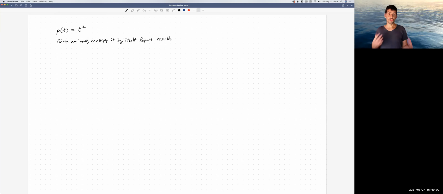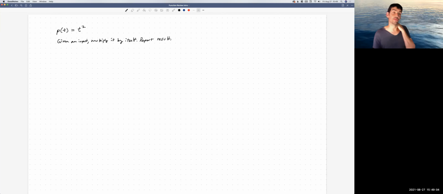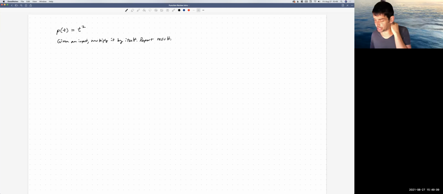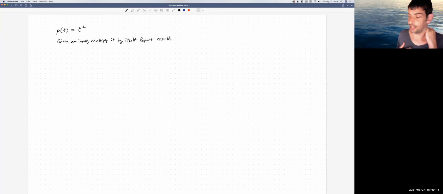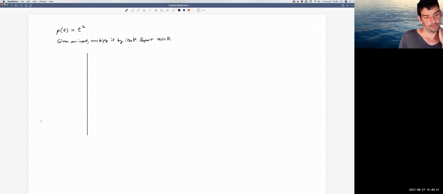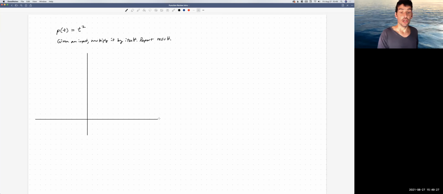Okay, so presumably we are familiar with this function to some degree, but let's use it to see how we can represent functions. And let's represent this function with a graph. So I'm going to draw myself a set of axes. Since I know what this function looks like, I'm going to be convenient in how I draw my axes.